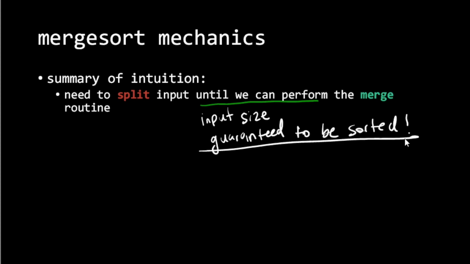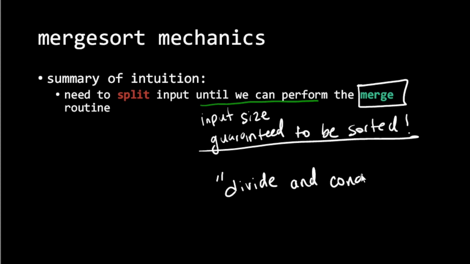All stems from this observation. That's when you can stop splitting, and the assumption that you have this merge routine ready to go, right? So I hope this idea of kind of splitting and solving subproblems is slightly familiar to you. This algorithm falls under a more general class of algorithms called divide and conquer. And it should kind of naturally feel recursive to you. And if not, that's okay. We're going to kind of now jump into the code and the concrete implementation and hopefully do a few walkthroughs.